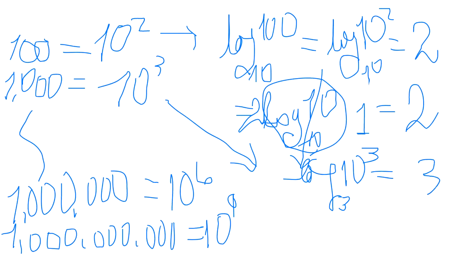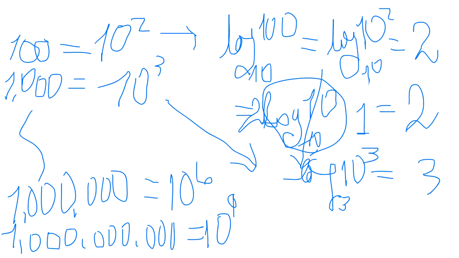And then what about this? 1 million will be 6, and 1 billion will be 9. In other words, all these exponents can be used to express these large quantities in a more manageable and compact way, right?